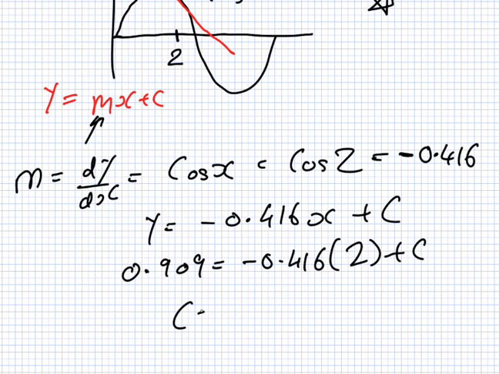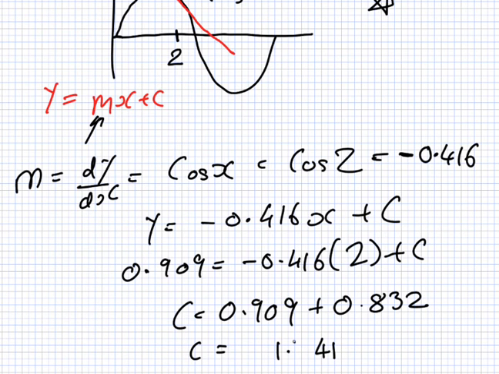So c equals 0.909 plus 0.832. So c equals 1.741. Can you check that? True? Yeah. But if you didn't use your calculator, you could do it quicker. Yeah? Okay, that's right, yeah?